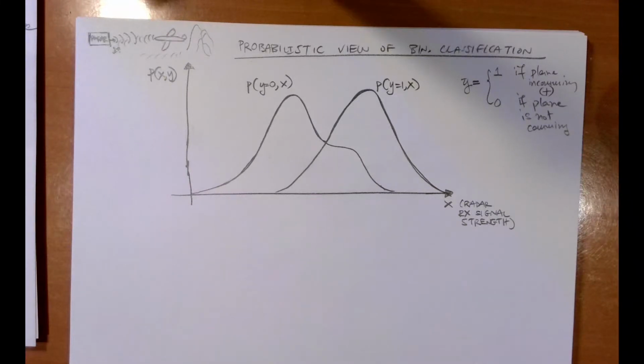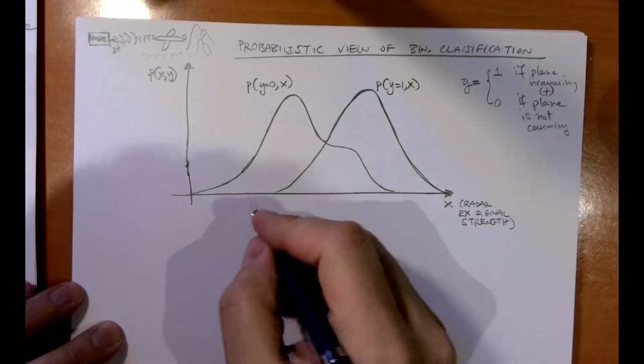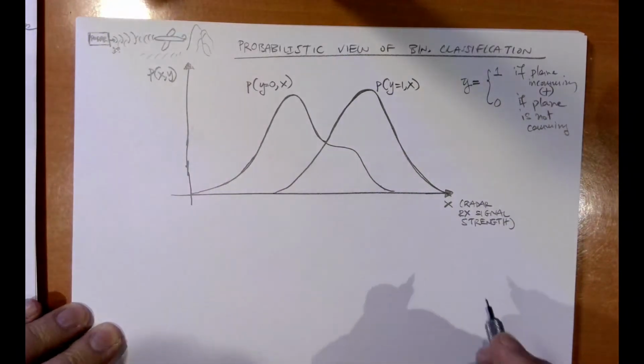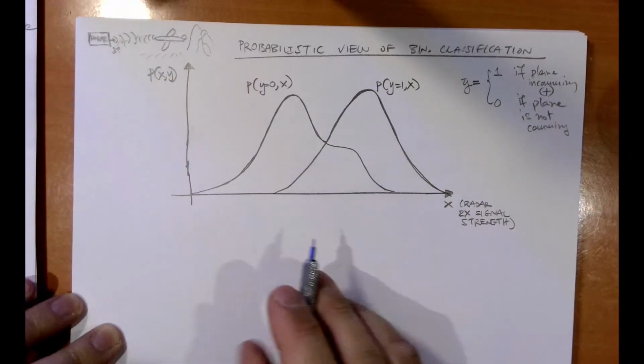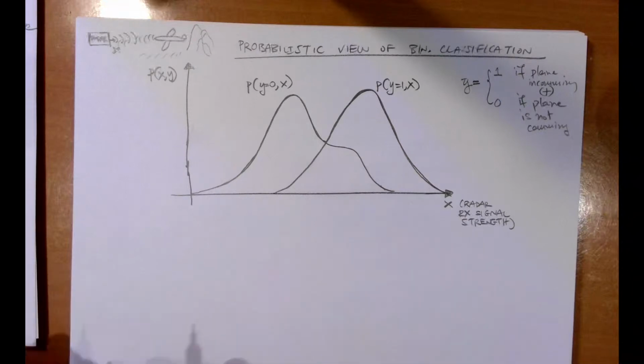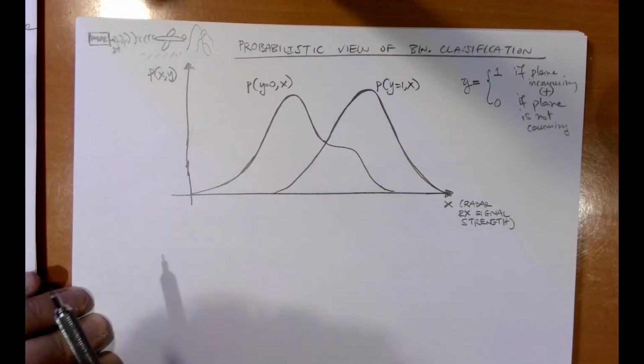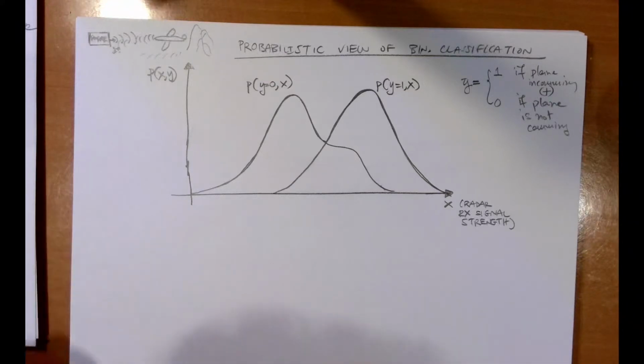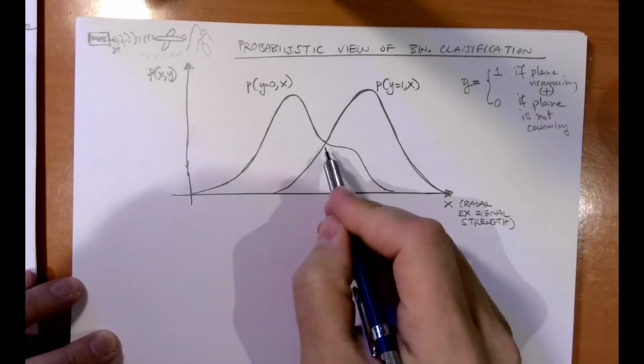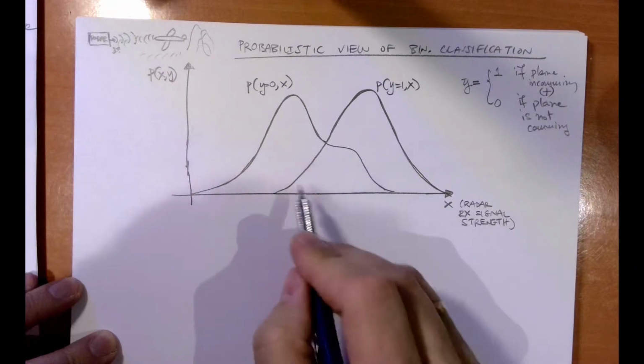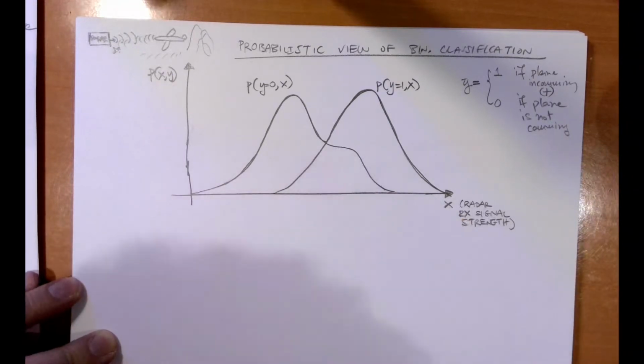As you can see, before we go into the threshold discussion, these two distributions are not separable, in the sense that they spill over, so that the tail of this distribution spills over into the other and vice versa.